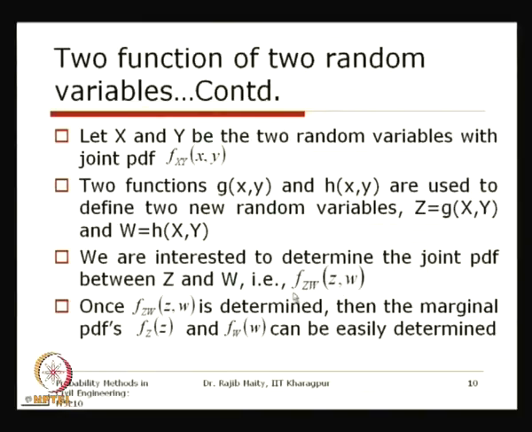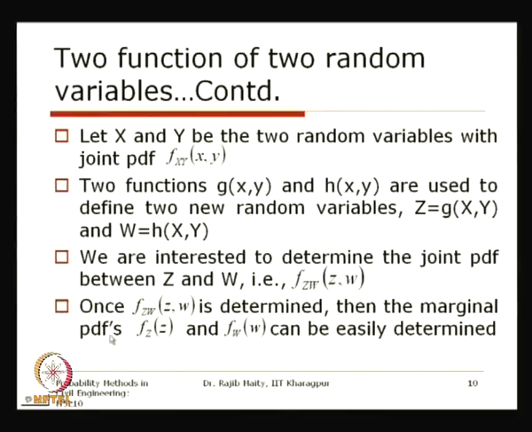Once we know this, then just as the joint PDF of X and Y gives us whatever properties we need, if we can obtain the joint density of their functions, then whatever we need to know we will know.